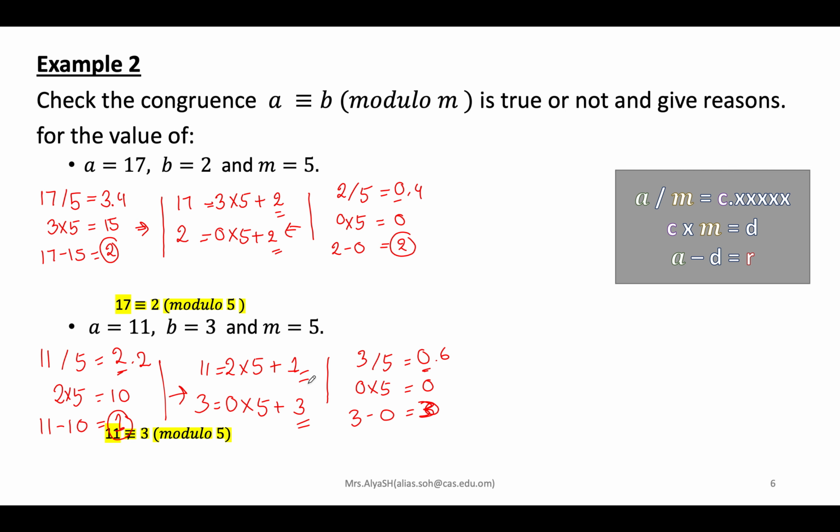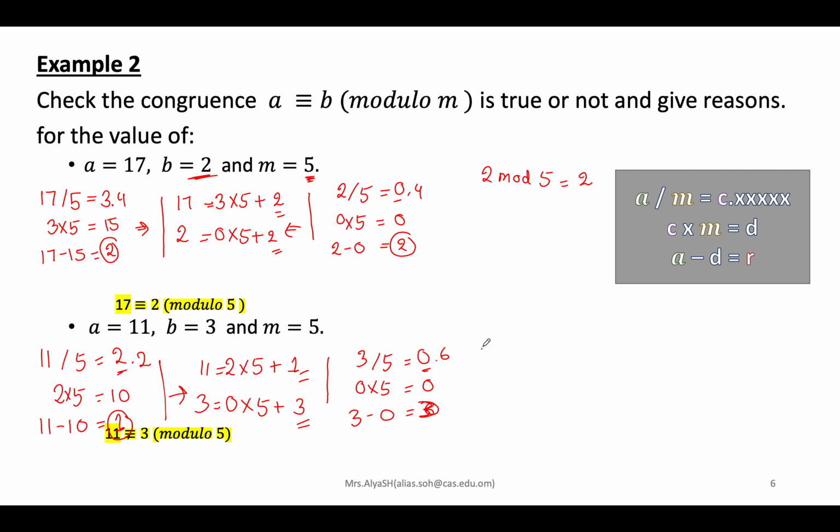One more thing, if you notice in here, if one of the numbers is less than M, then we get the same remainder. So here we have 2 mod 5 equals 2. When I divide 2 by 5, I get the remainder as 2.